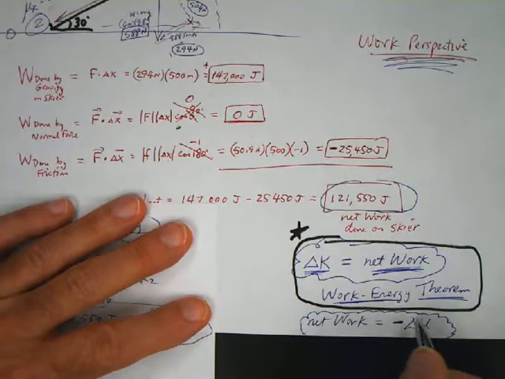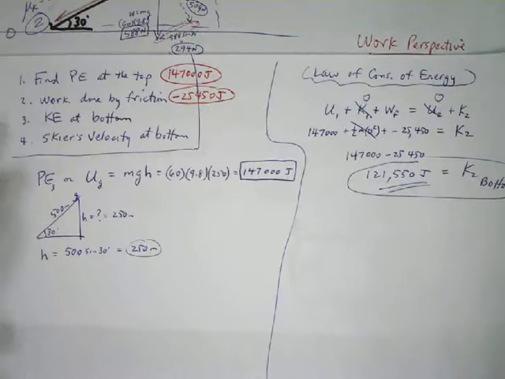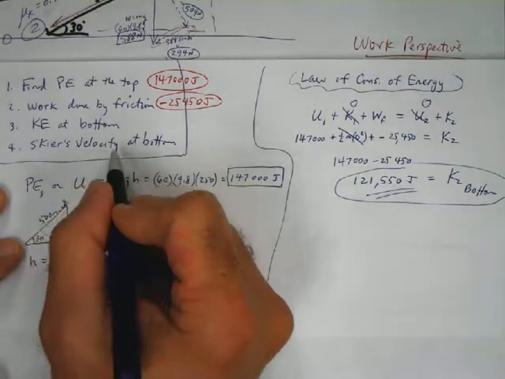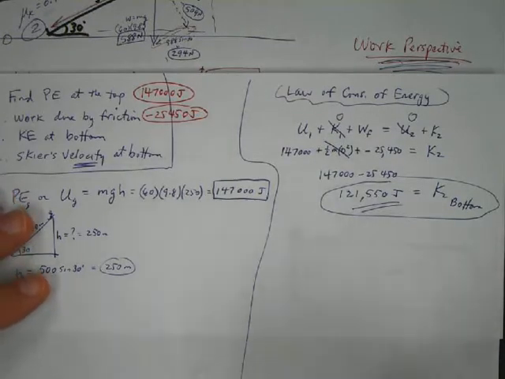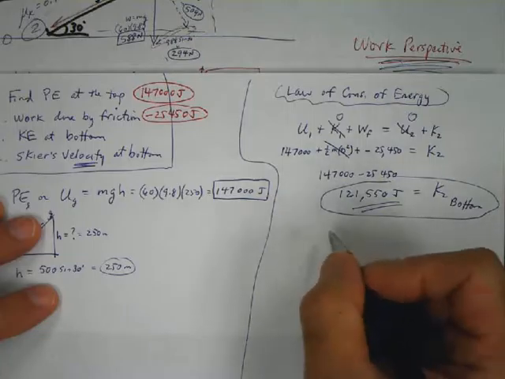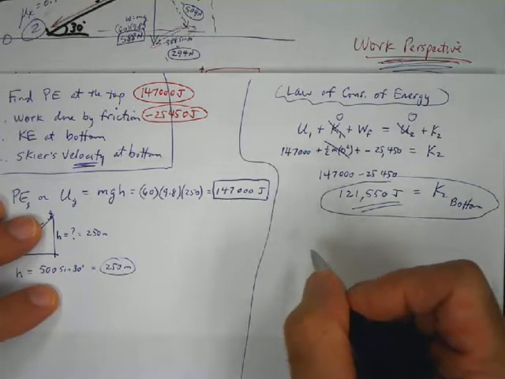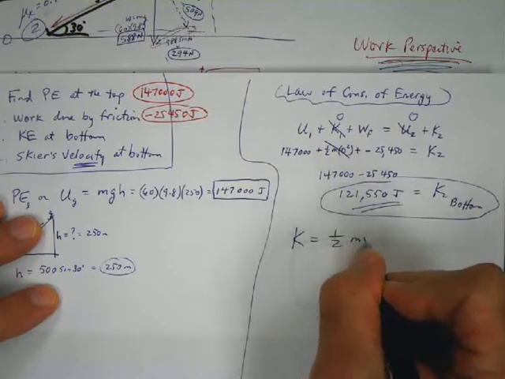Last thing, we want to find the skier's velocity at the bottom, where the skier started out, let's say, at 0 velocity at the top. Okay, well, if we know the kinetic energy at the bottom, we can certainly find the velocity, because remember, kinetic energy is equal to 1/2 mv squared. So we can just go ahead and substitute our values in.